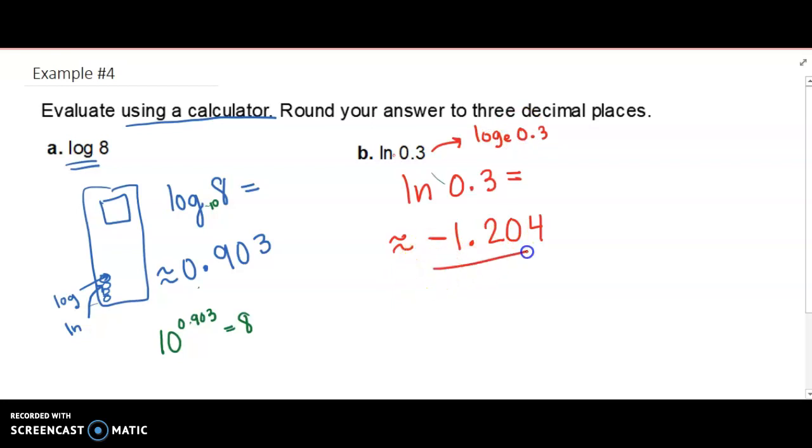What this answer means is that if we put into our calculator e to the -1.204, we would get roughly 0.3. So if you don't believe me, go ahead and try it.